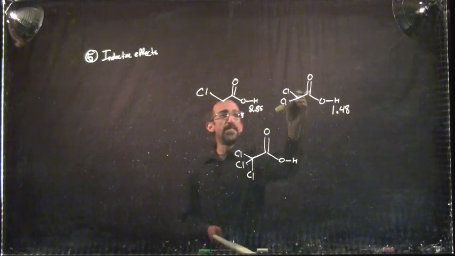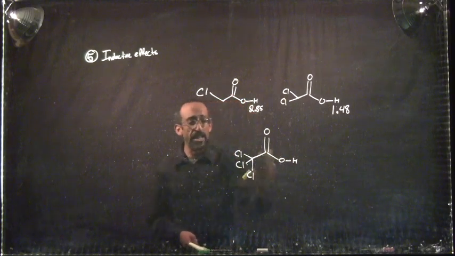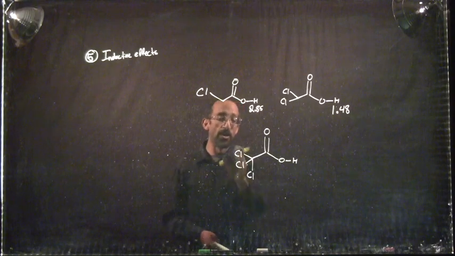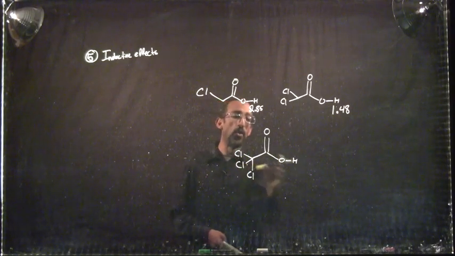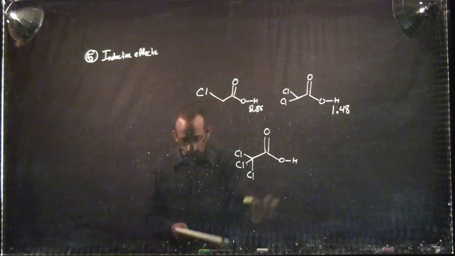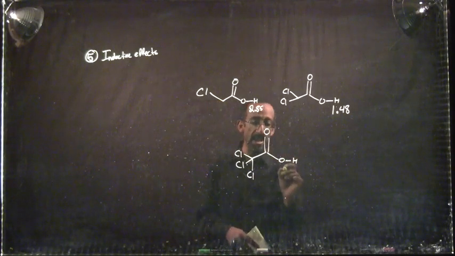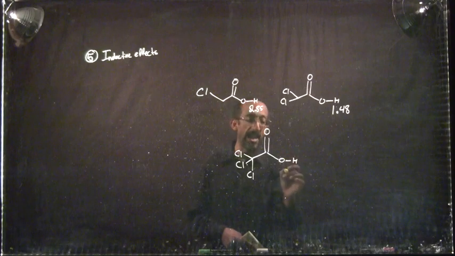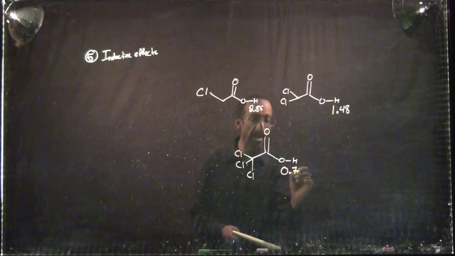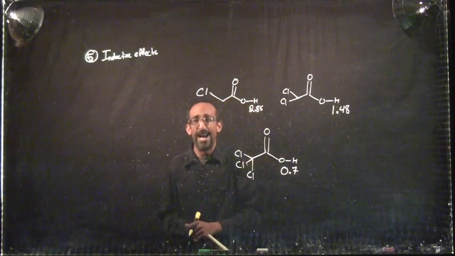Finally, if I remove that last hydrogen, replace it with a chlorine, now I have 3 electronegative atoms, or more electronegative atoms, that are all 4 bonds away. I should weaken this oxygen-hydrogen bond even further, and that's verified by the pKa. So for trichloroacetic acid, our pKa drops all the way down to 0.7, making this an incredibly strong acid.